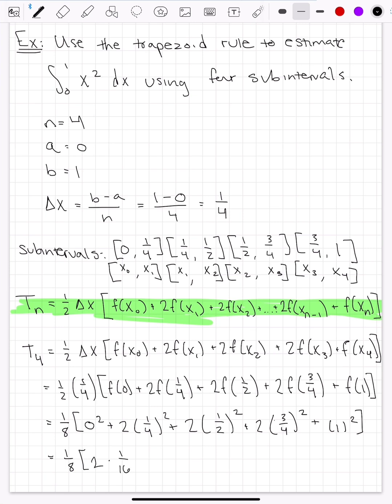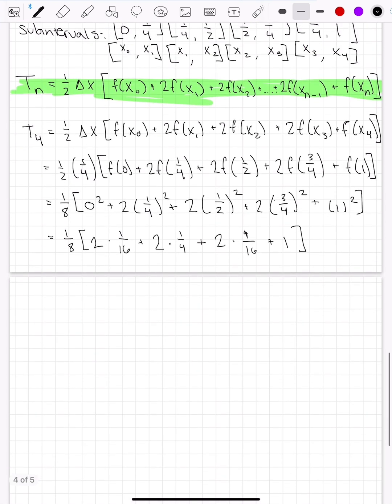Let me write it separately for now, just to show exactly what I'm doing. So 1/2 squared is just 1/4, and then 3/4 squared is 9/16, and then 1 squared is just 1. If we want to sum these all together, we're going to need a common denominator, so let's use 16.